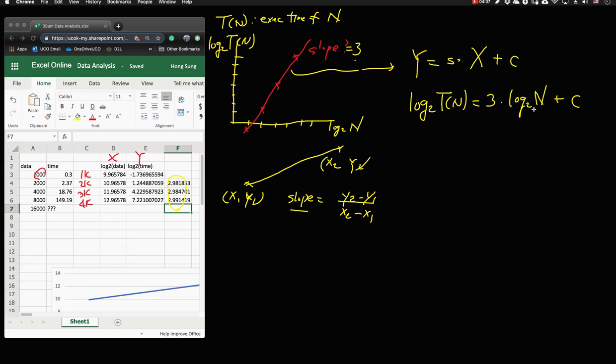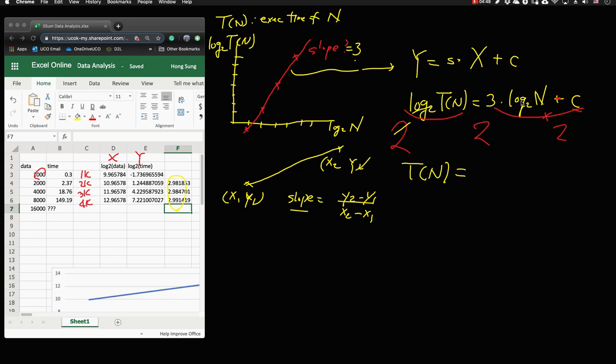Now we want to eliminate log2 by applying exponent 2 power of this thing and 2 power of this thing. Then the equation remains unchanged. Then on the left-hand side, the exponent and log2 cancel out, so the left-hand side is T(n). And for the right side, the exponent plus means we can separate into 2 to the power of c times the other term.